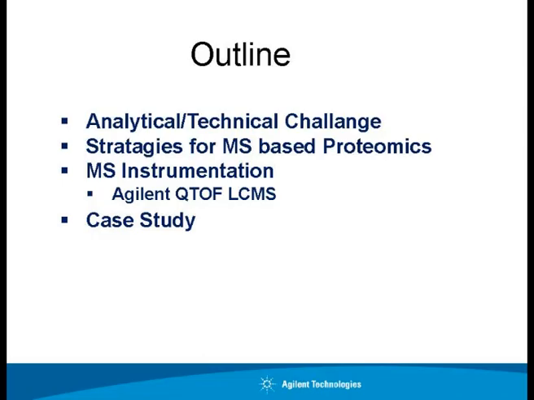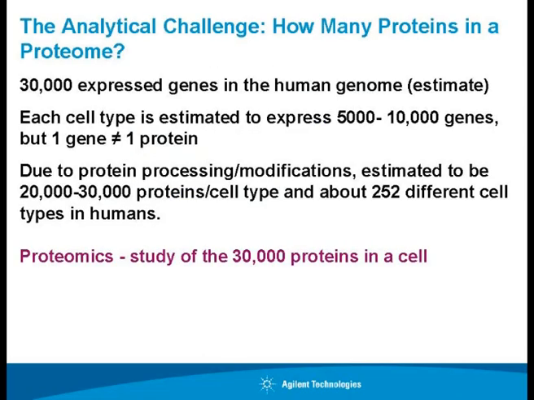So what is the analytical challenge? When we say proteomics, what is the challenge, and how do we address it? The challenge remains the same as we discussed in the previous presentation. If we say human, there are close to 30,000 expressed genes in the human genome, and each cell type is estimated to express almost 10,000 genes. But one gene is not equivalent to one protein. One gene can express many proteins.